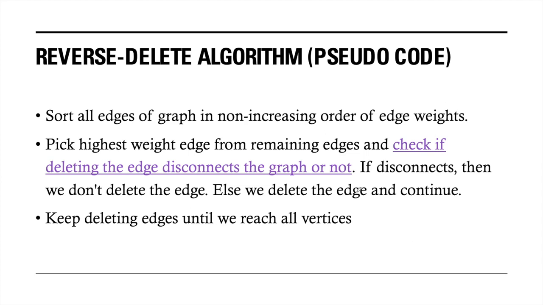Now, for the reverse delete algorithm, we have this pseudocode. Again, we sort all the edges of the graph in a non-increasing or, in this case, decreasing order of edge weight. Next, you pick the highest weight edge from the remaining edges and check if deleting the edge disconnects the graph or not.